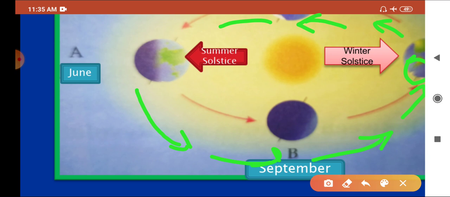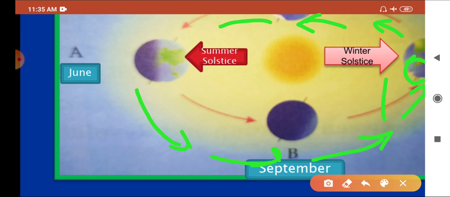That's why on December 22nd we have winter in the northern hemisphere, meaning the shortest day, and summer in the southern hemisphere, meaning that is the longest day for them.